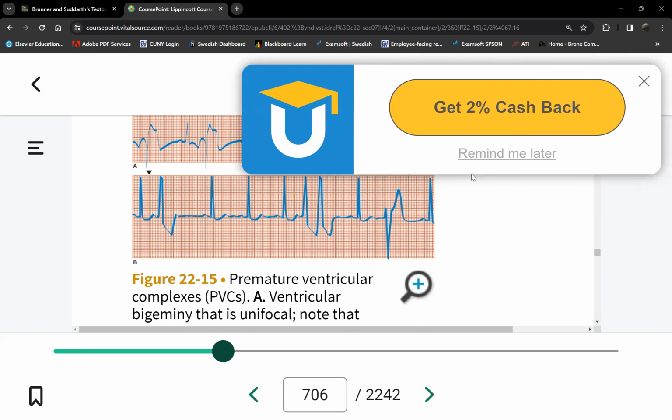How many big blocks are there in 1 second? If one big block is 0.2, it's 5, right? So every 5 big blocks is 1 second.